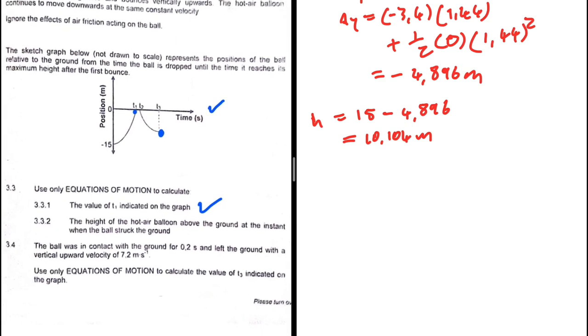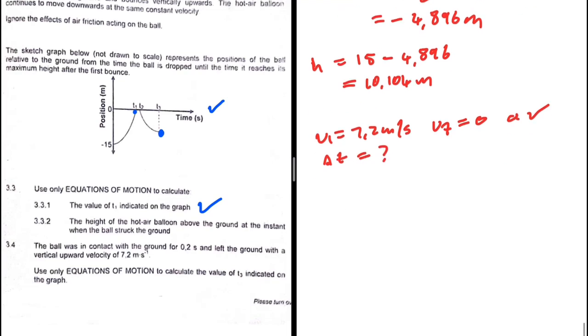So let's take a look at the information we have. So vi is 7.2 meters per second. This is given to us. But we have vf also because maximum height. Alright? And then acceleration, we know what that is. So we're interested in the time there. So let's find the time.